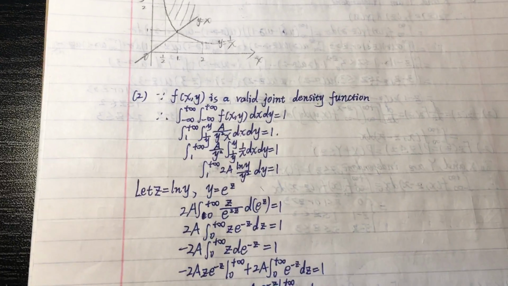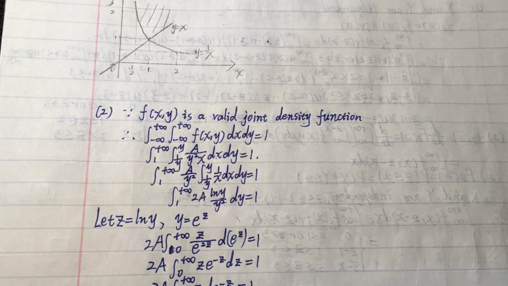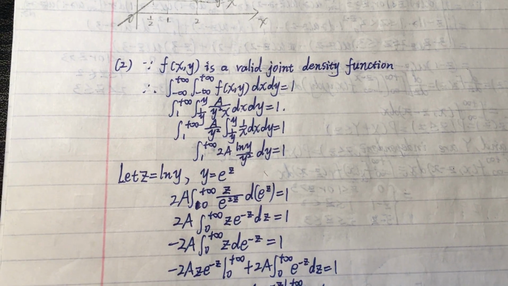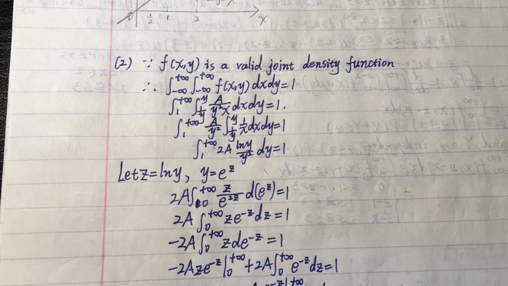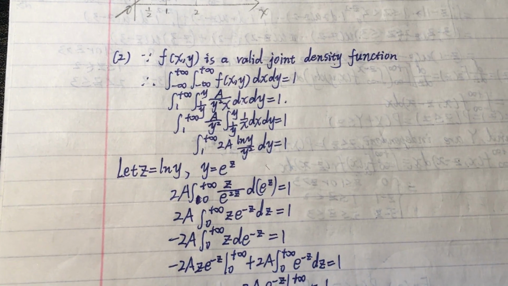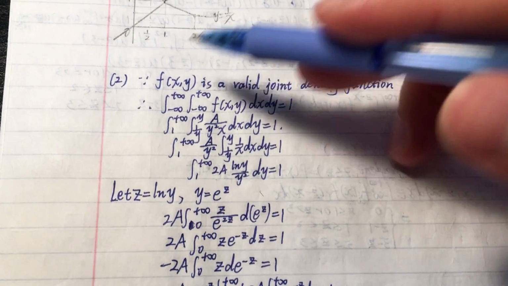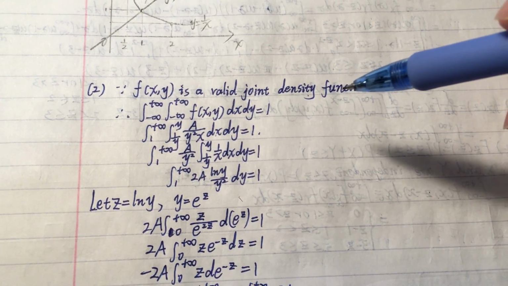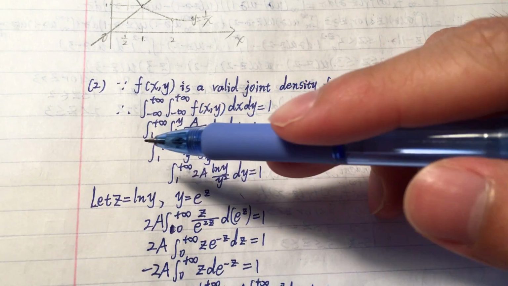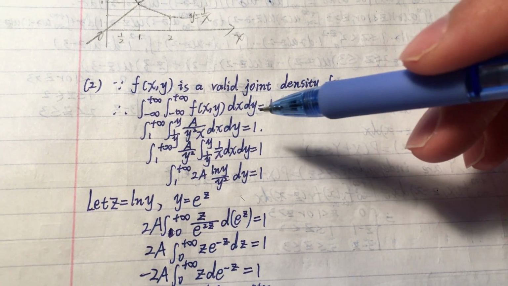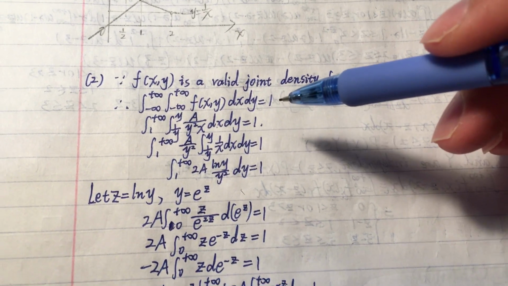And let's begin the second question. It is finding a so that the density function is a very joint density function. Because the density function is a very joint density function, we can get that the integral of the density function equals to 1.